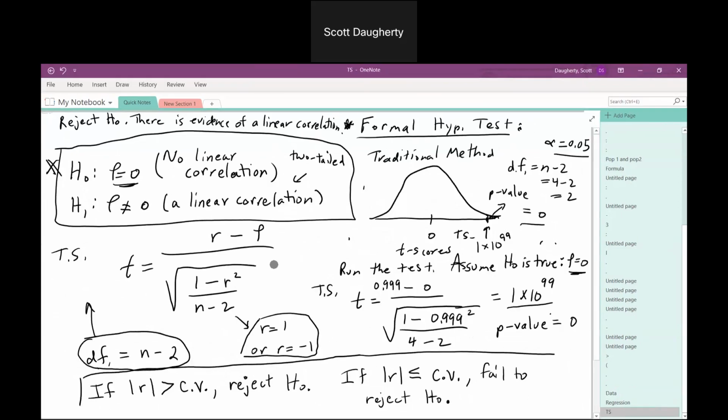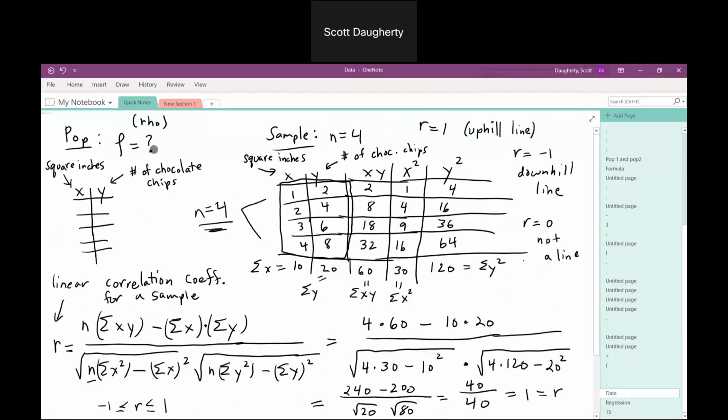And we actually ran this test last time. So this is how you set up the hypothesis test. It's a claim about rho, and if you remember, rho is the linear correlation coefficient. If you plug every ordered pair from the population into this formula, rho would be the number that you get.